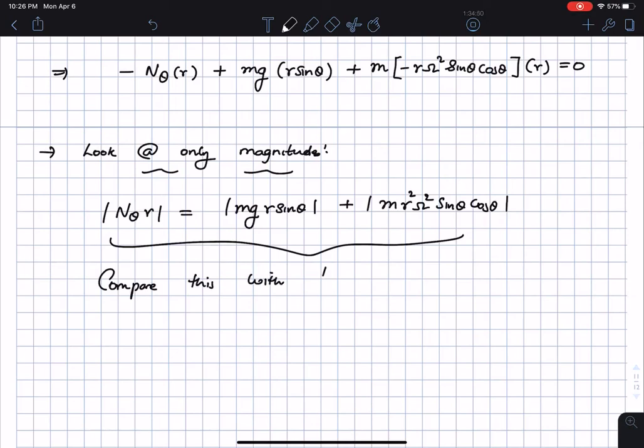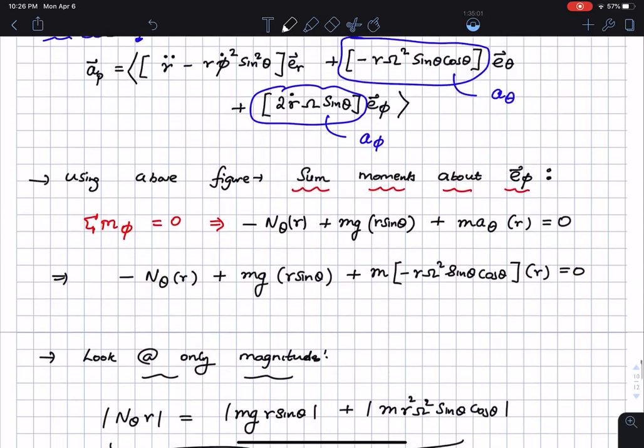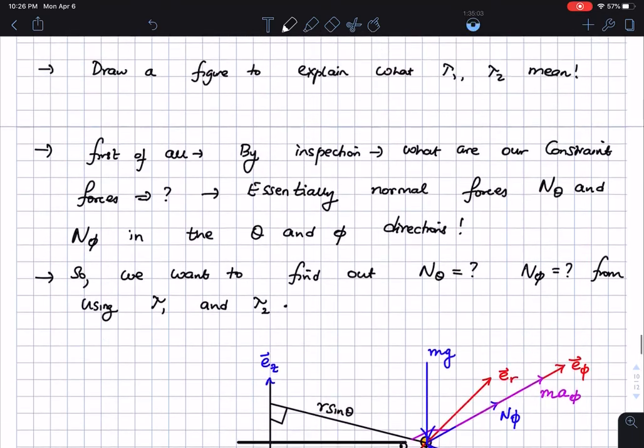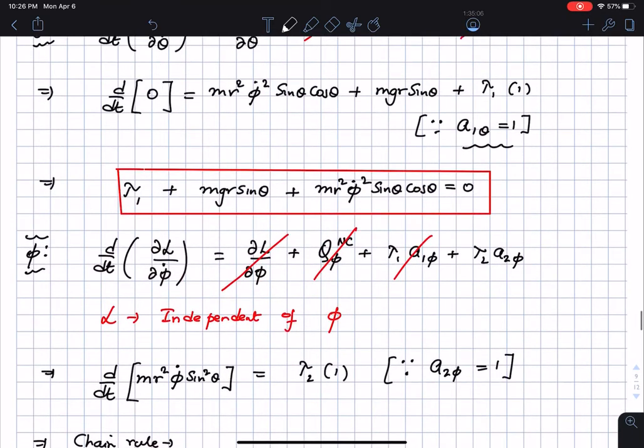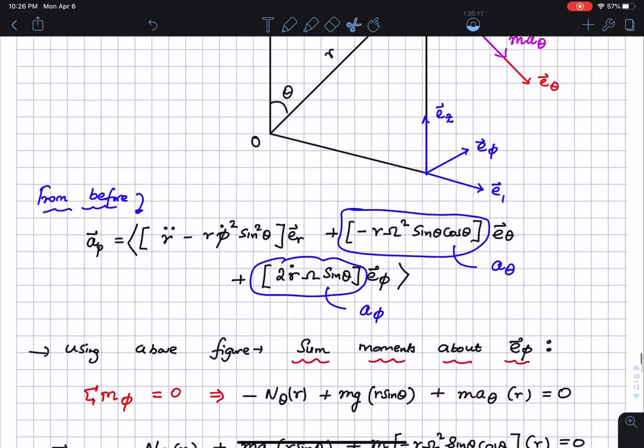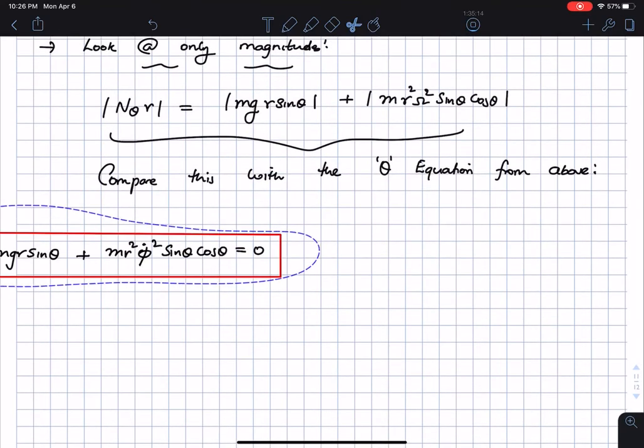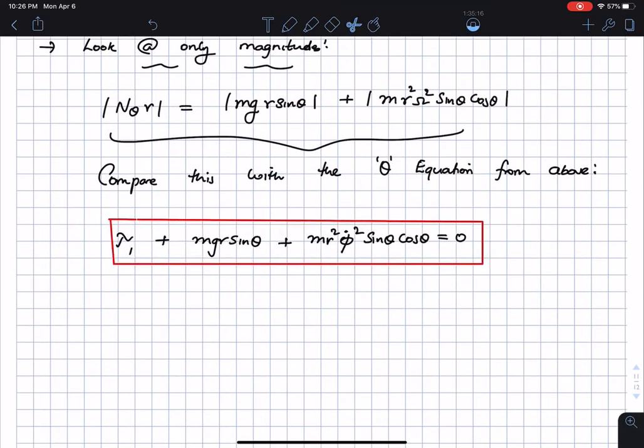with the theta equation from above. If I compare this with the theta equation from above, then I get the following. So I take the theta equation from above. I'm just going to copy this expression here. If I copy that and bring it down here, this is the theta equation. If I look at the magnitudes only, I see the following.